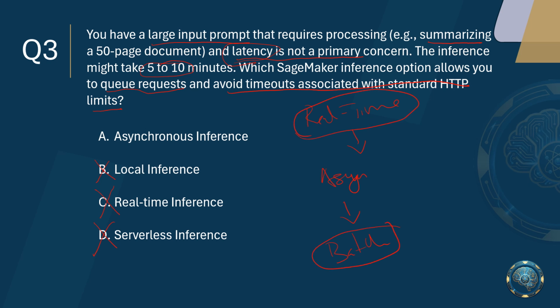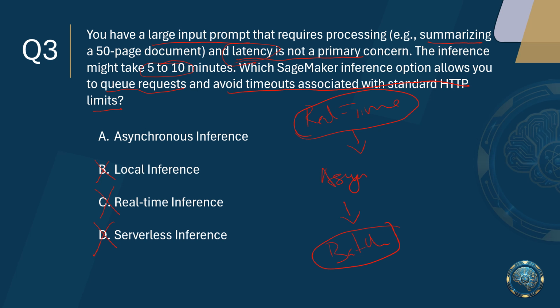Batch inference is something you want to do offline since you have a large amount of data. For example, you have 5 million bank customers and you want to process them and identify fraudulent transactions. For that, you need batch inference.